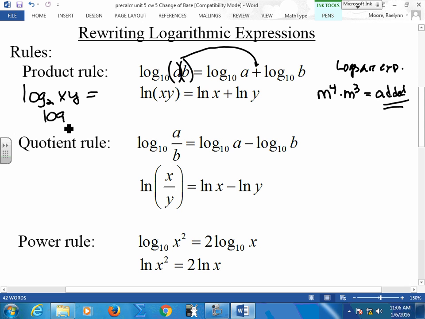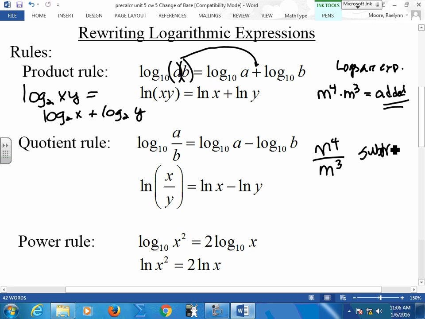So log base 2 of x plus log base 2 of y. I could do ln. Regardless of which base we use, it's the same thing. Think of an exponent. When you multiplied your like bases, what did you do? You added them. So now, with our exponents, when we divided our like variables, what did we do to our exponents?